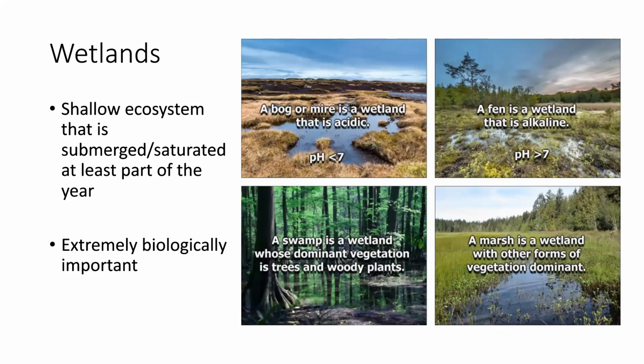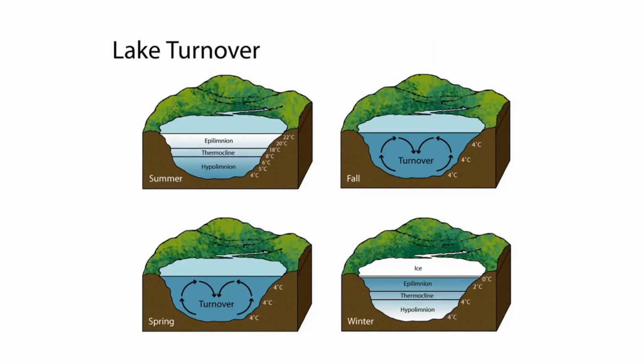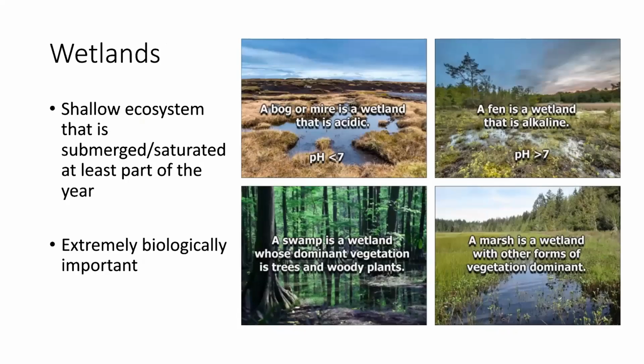And then in addition to lakes, which of course provide a whole ecosystem in itself for a whole bunch of different organisms, we've also got things that are known as wetlands. And these wetlands are going to be important. Well, first, what they are is just an ecosystem that is at least partially throughout the year submerged or saturated. So depending on exactly the conditions, we've got slightly different names for the different types of wetland: bog versus fen, marsh versus swamp, depending on the exact conditions and the exact type of vegetation that's present.